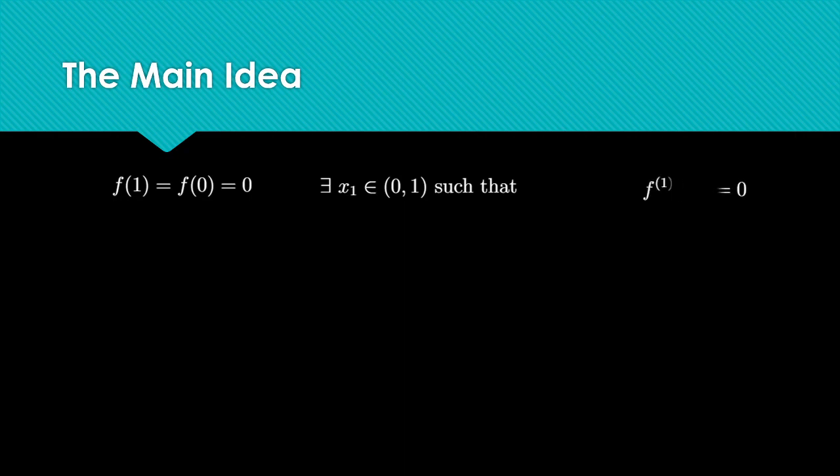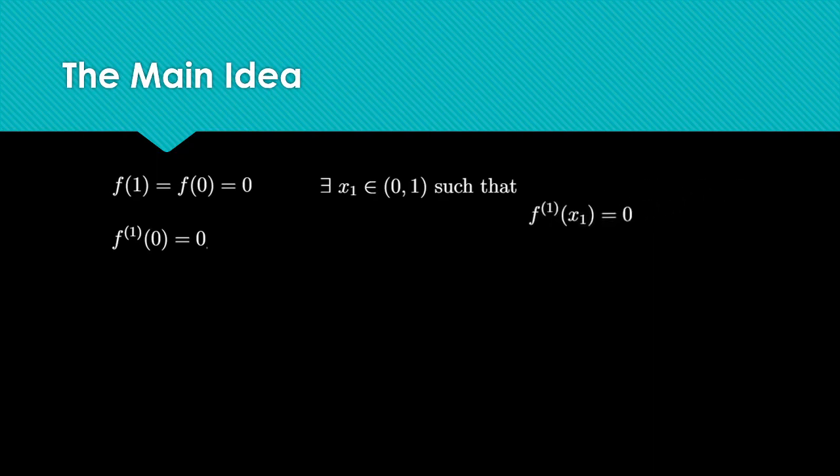So what's the main idea behind this problem? Obviously it's Rolle's theorem. Let's see how it is applied here. f(0) equals f(1) equals 0, it's given. By Rolle's theorem there exists x1 in the open interval (0,1) such that f'(x1) is 0. And we are given the condition that f'(0) is 0.